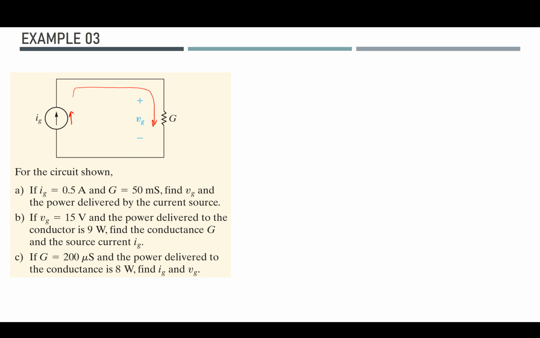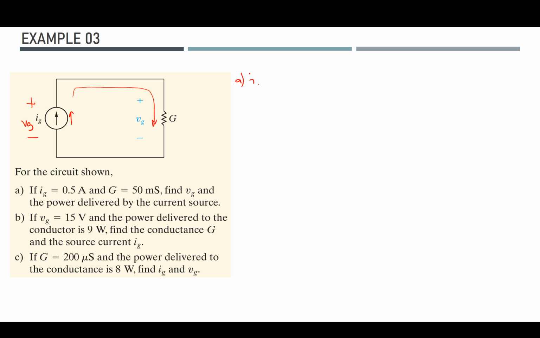Since the connection is like this, the same voltage should appear across the terminals of the independent current source. So I have to write it like this, plus minus Vg. But I don't know this value. The only thing that is certain is 0.5 amps, which is given to us by the question.